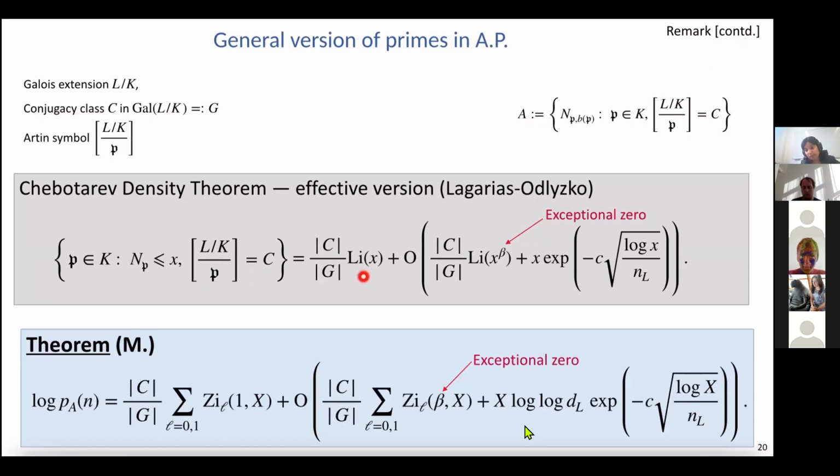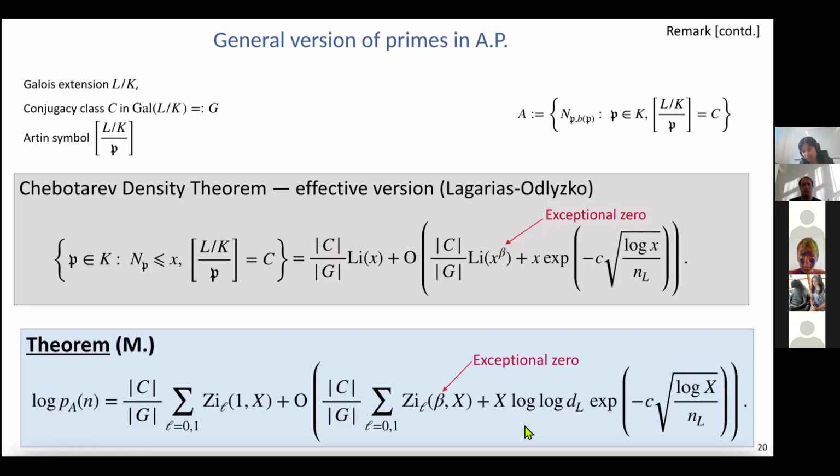The logarithmic integral we expect, right? We had it for the number of primes, we had it for the primes in arithmetic progression. The main point is what the coefficient of this is. In the special case of primes in arithmetic progression, this was 1 over phi(q), because the total number of elements in the Galois group, Z mod qZ under multiplication, is exactly phi(q), and the conjugacy class had exactly one element.